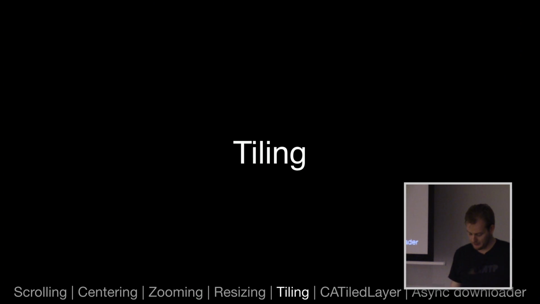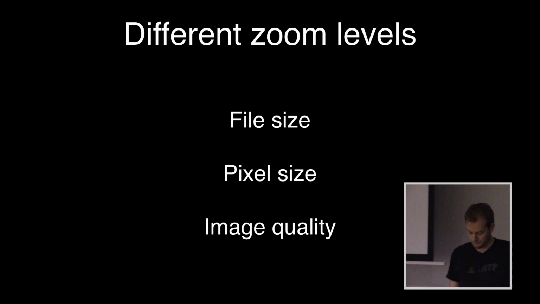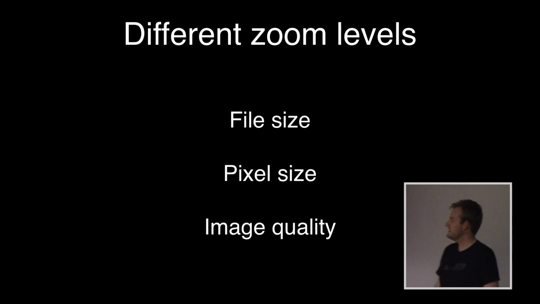And now tiling. So the reason we need tiling is to find the optimum between these three aspects. We don't want to download too much information because the user is downloading all images all the time, and that simply would take too long.